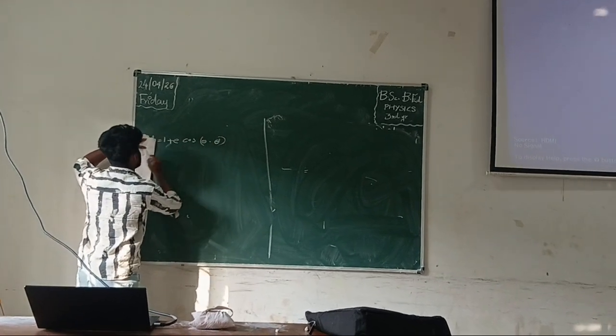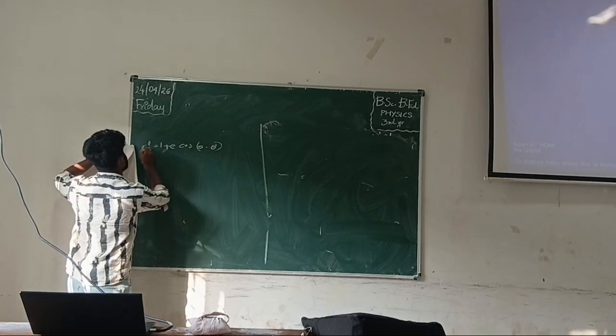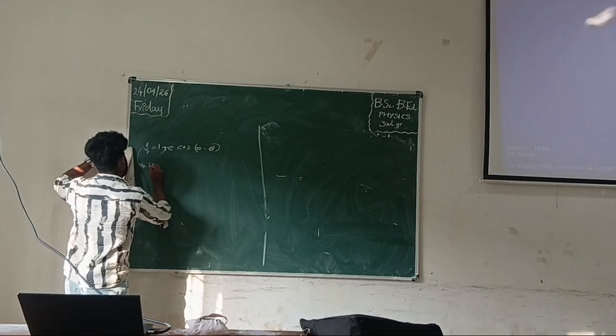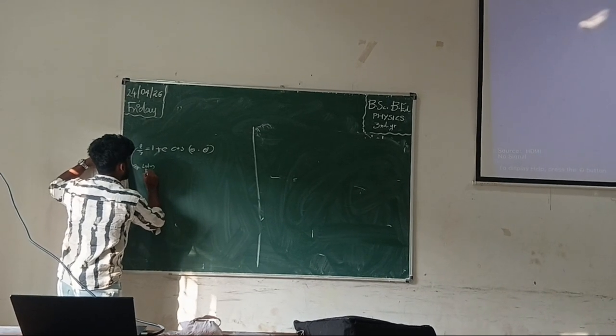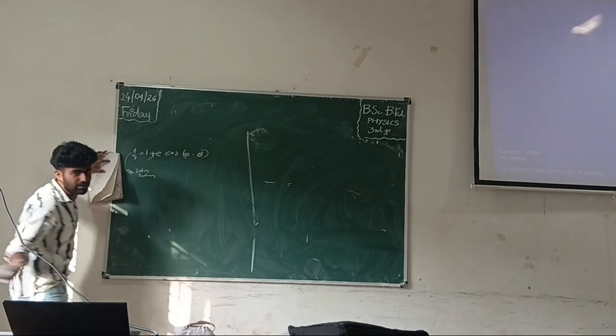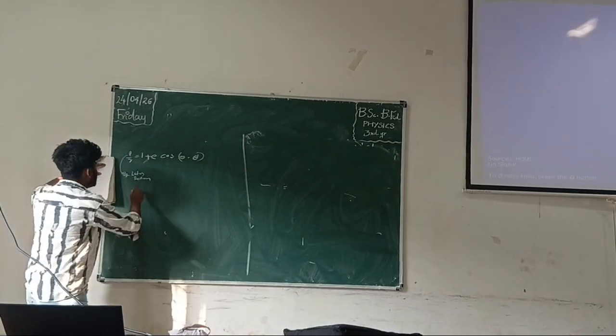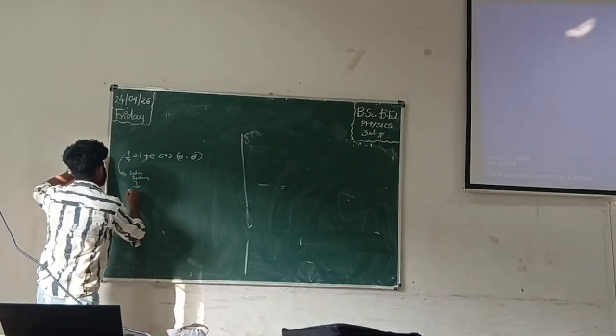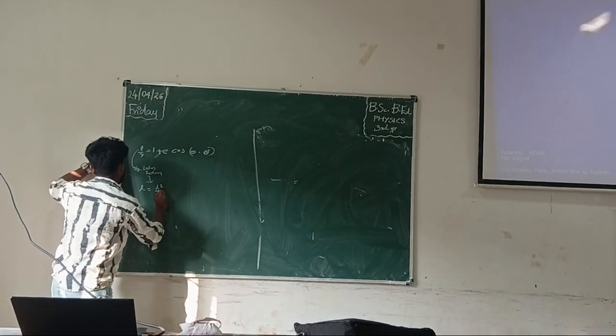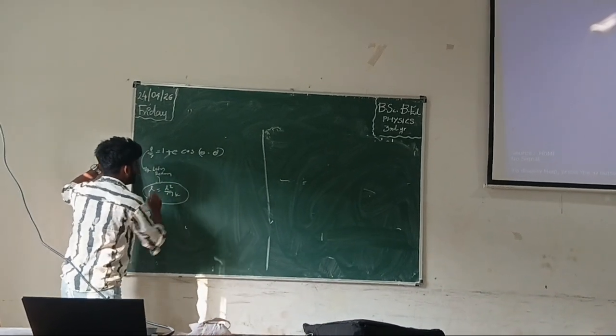Here L is the latus rectum, which we know from our earlier classes. So L is equal to l square by mk. This is the equation for latus rectum.